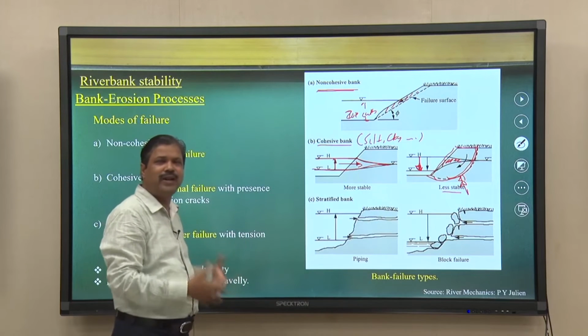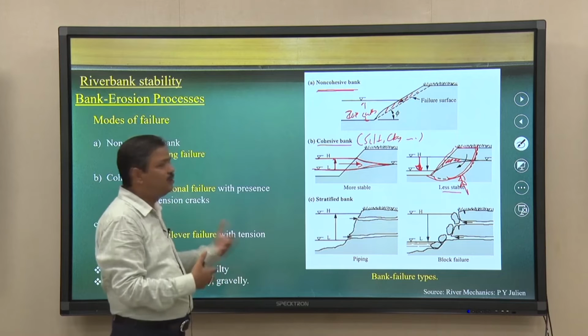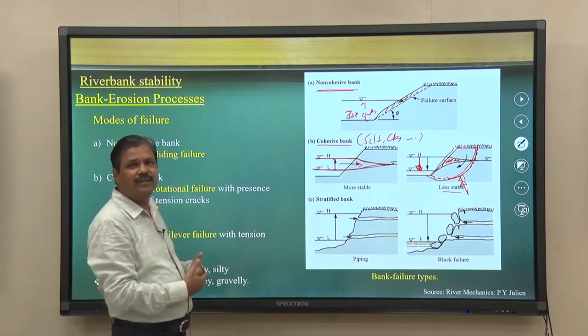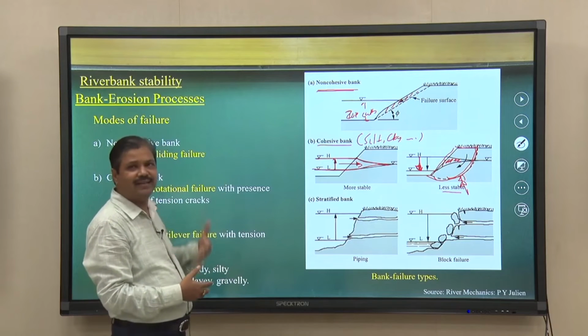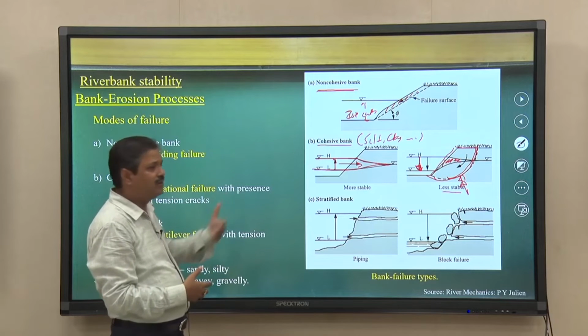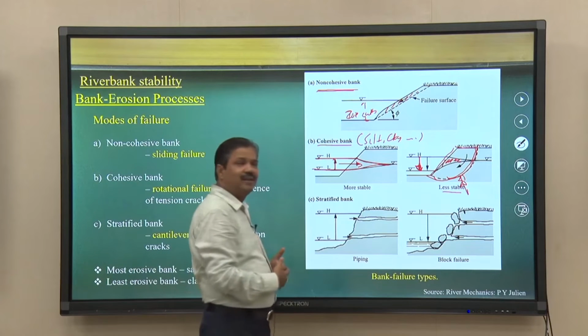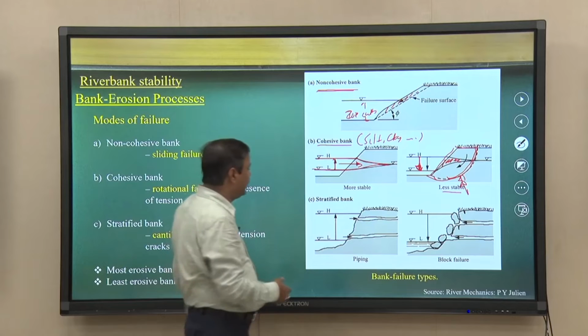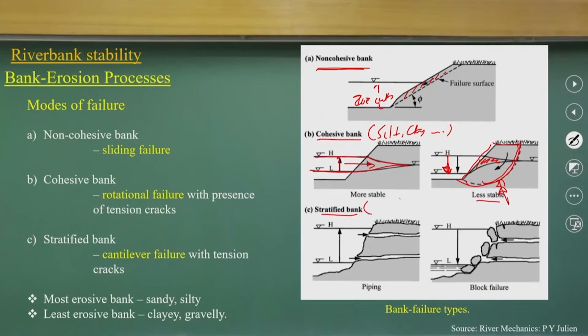You can do a geotechnical analysis to know what type of failure cycles and failure surface, and understand all these things. But in some cases, like alluvial rivers, as we studied in more detail for the Brahmaputra river, we will have stratified layers.